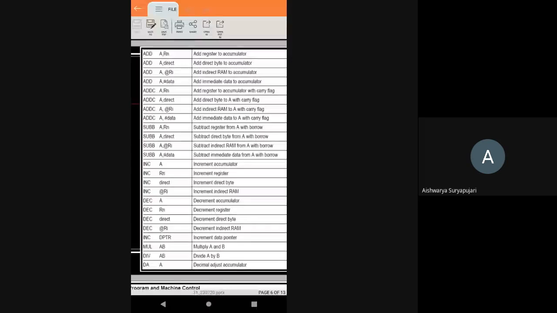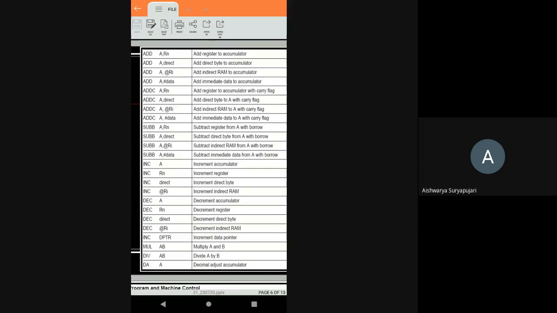Similarly now for the subtraction, SUBB A, Rn. So again n's value ranges from 0 to 7. So here what is the meaning of this?